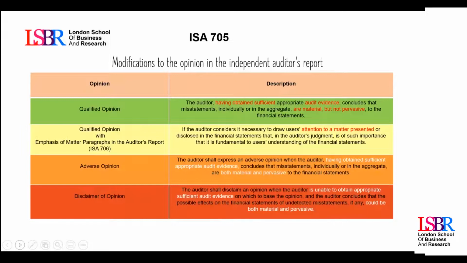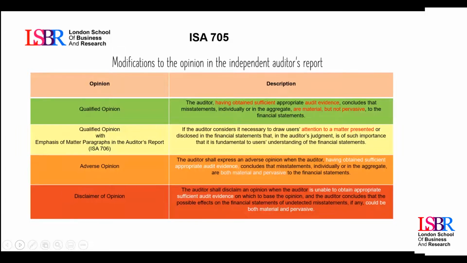So basically, in the disclaimer opinion, the auditor says, I don't know if the company is good or not because I didn't have access to the financial information. So these are the different types of opinion.